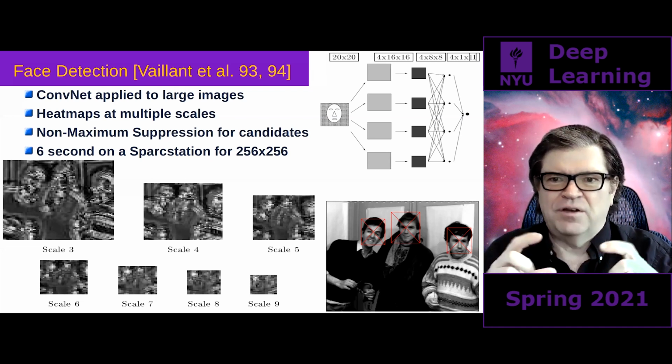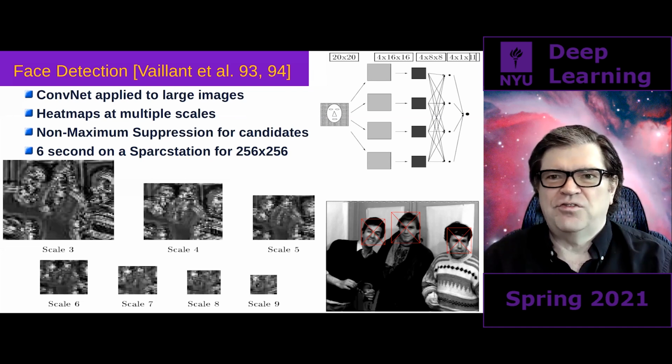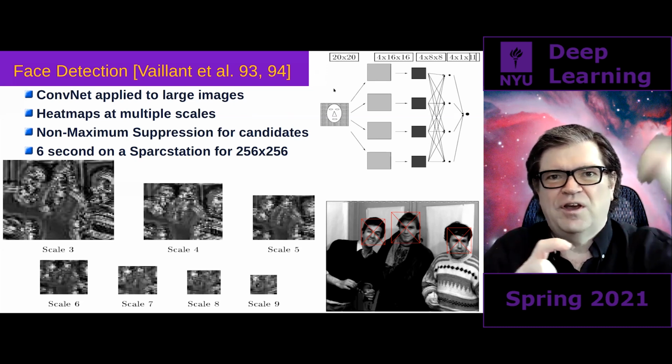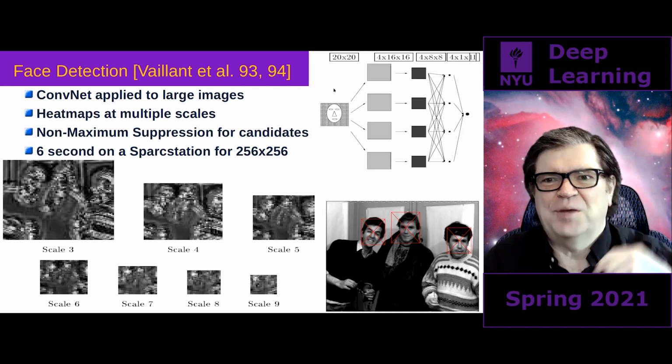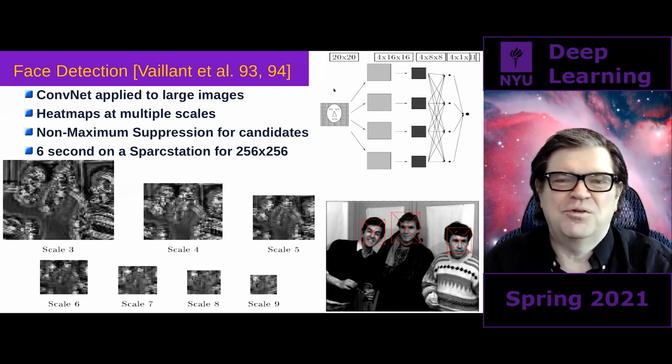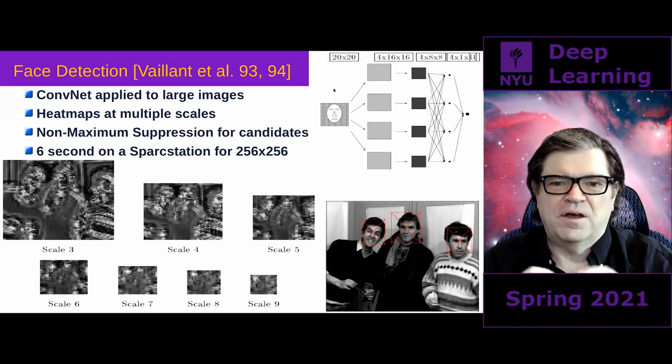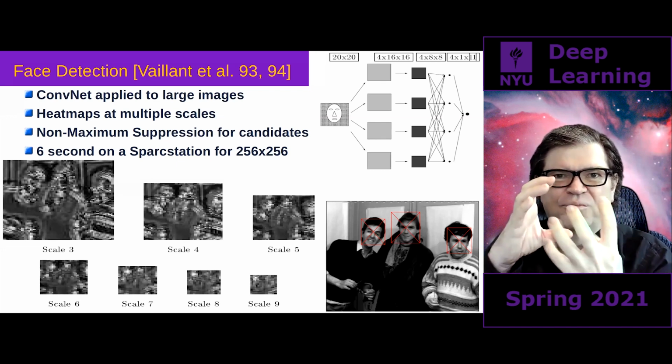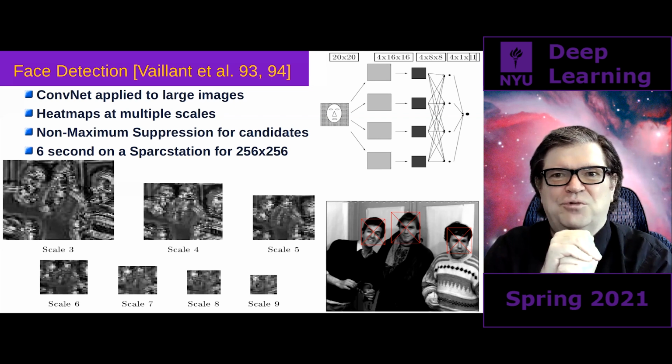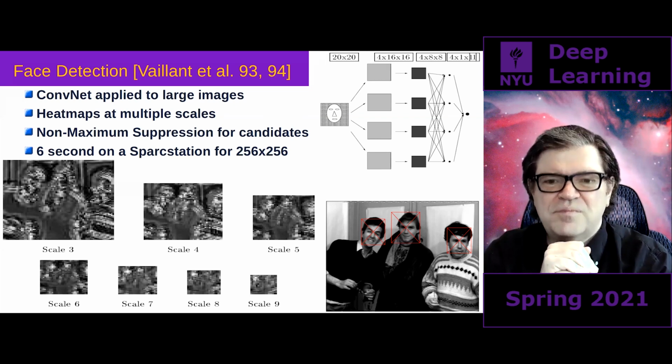And then you train a neural net, which in this case had an input of 20 by 20 pixels. You train it to turn on the output whenever there is a face and turn off whenever there is no face. And you do this only for input windows of 20 by 20 pixels.